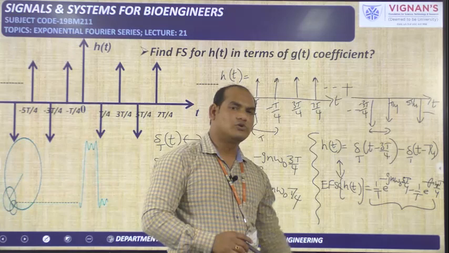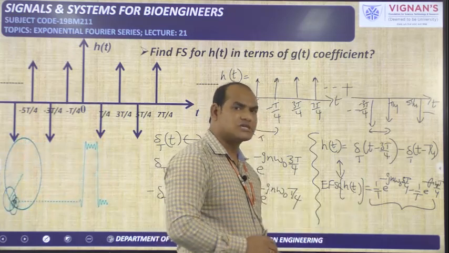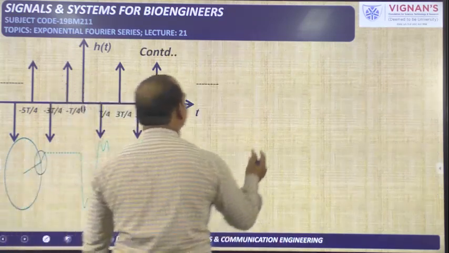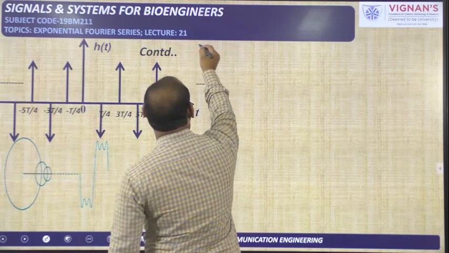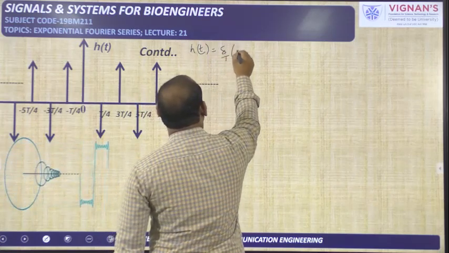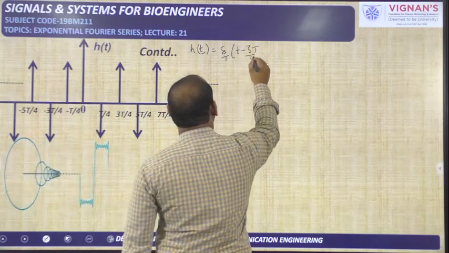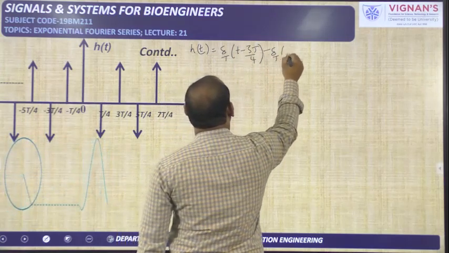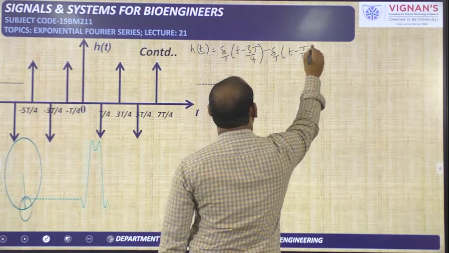Like this we can leave it, or otherwise we can solve further. That I am writing here. Again, h of t is equal to delta T of t minus 3T by 4 minus delta T of t minus T by 4.